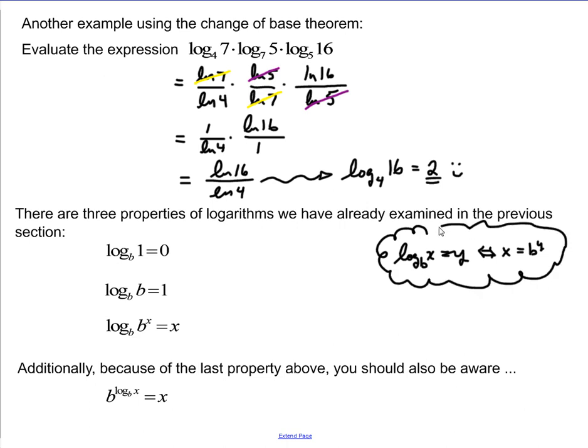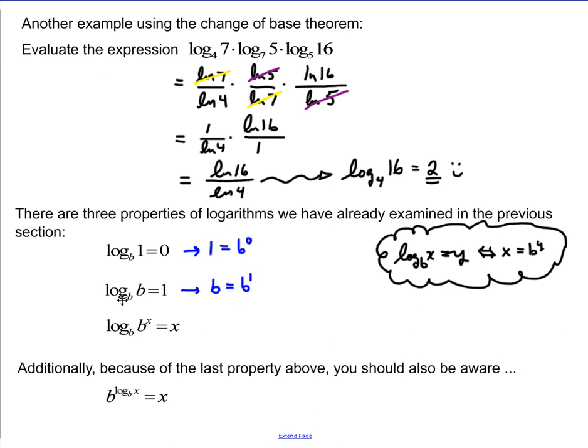For example, when we say logarithm base b of 1 is equal to 0, well, why is that? Well, the answer to that question is most definitely because we know that 1 is the result of raising the base b to the power 0. Not only that, we say the logarithm base b of b is equal to 1 because we know that b is the result of raising a base to the first power itself.